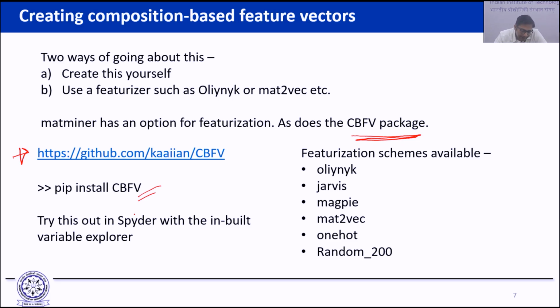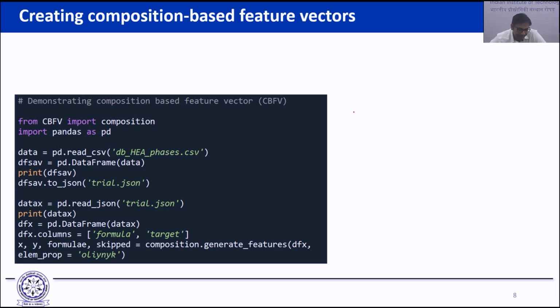I kind of like it when I'm using it with Spyder, because Spyder also has this inbuilt variable explorer, and so you can use the variable explorer and see how the different features are changing. And within this CBFV package, there are a good number of featurization schemes. We are again going to talk about these schemes in a bit, but yeah, this is a really useful package to have if you're doing materials informatics.